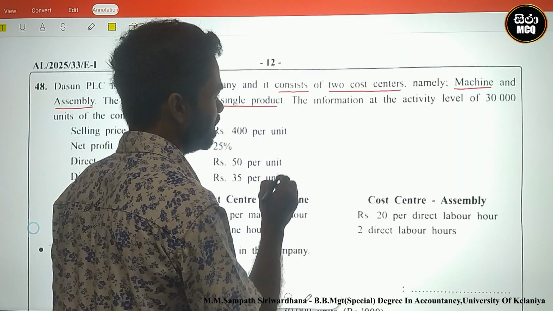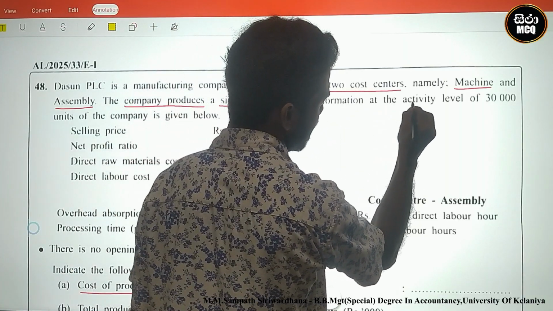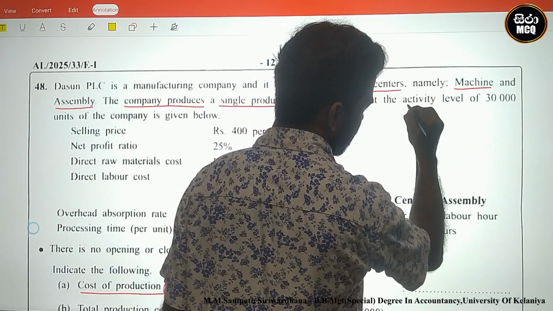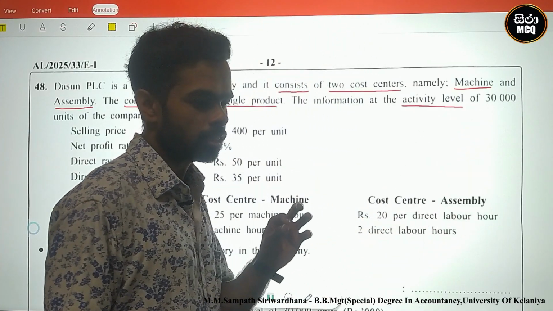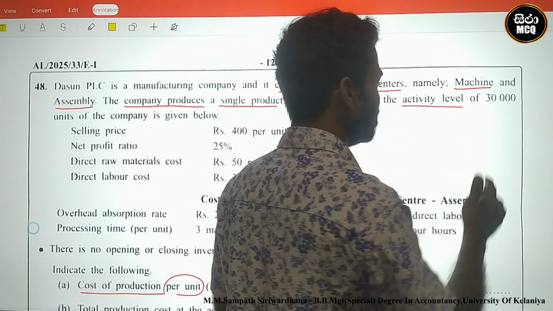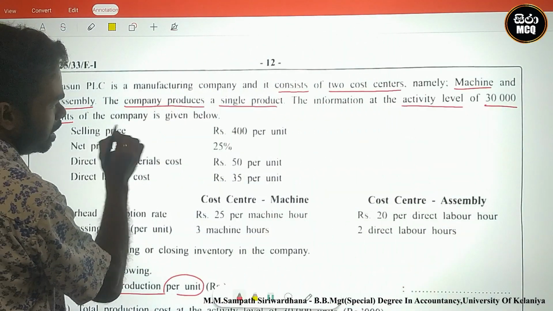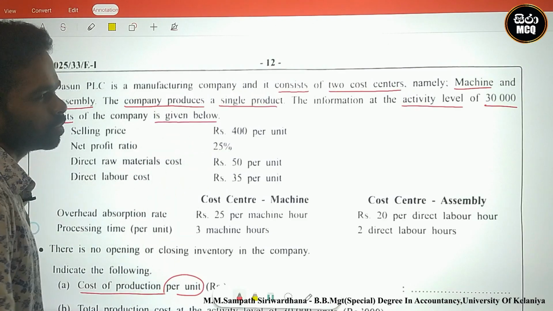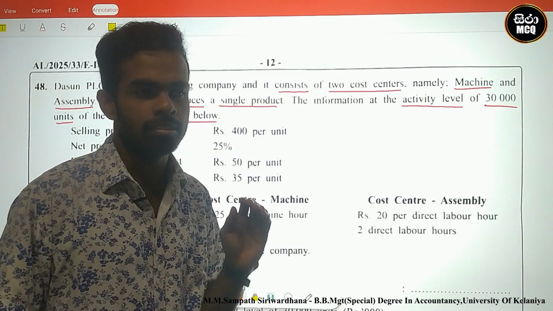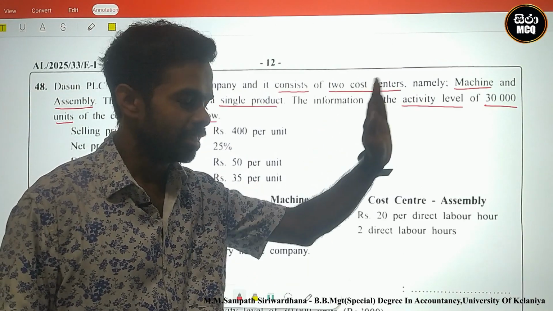The information at the activity level of 30,000 units, meaning production units, of the company is given below.